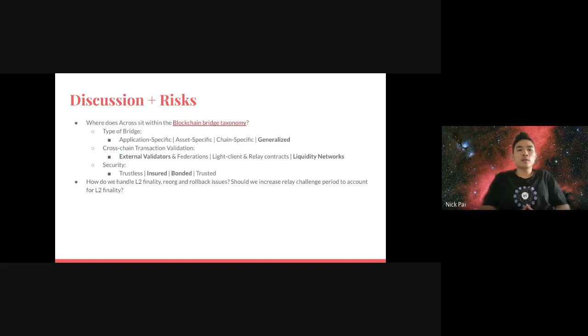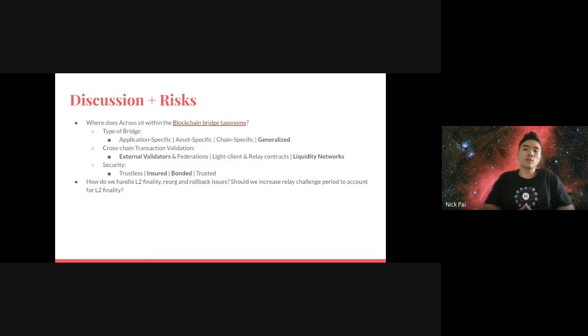Another example of security are light client and relay contracts. So this is sort of what Celer, I believe, is going for, where you deploy a contract to each chain, and the proofs are actually computed on chain. This is trustless compared to validators, where you're trusting some set of validators.